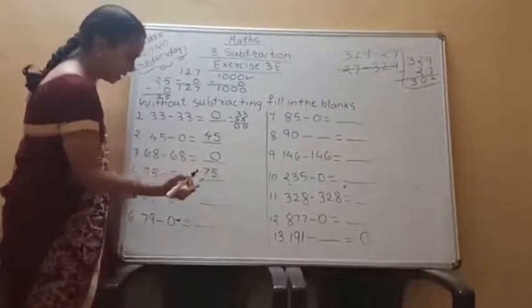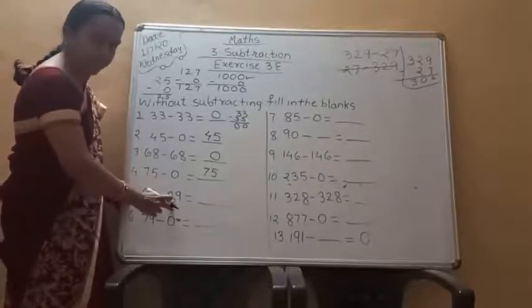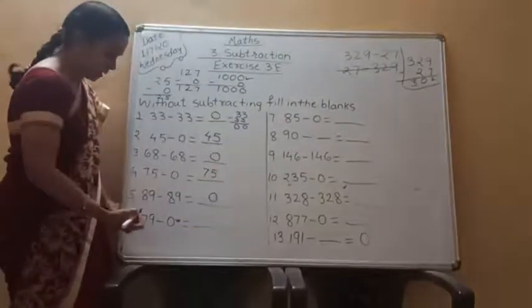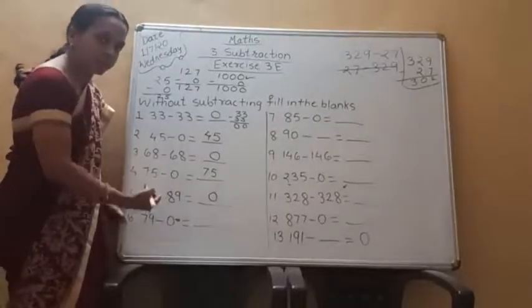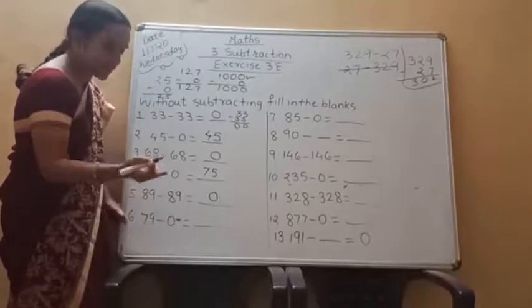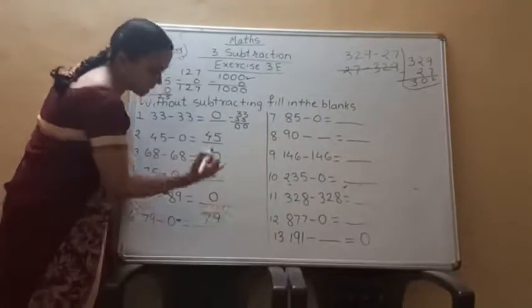So simple. Now see fifth question. 89 minus 89. What is the answer? 0. Sixth question. 79 minus 0. If we are subtracting 0 from any number, what is the answer? That number only. 79. So write down 79.